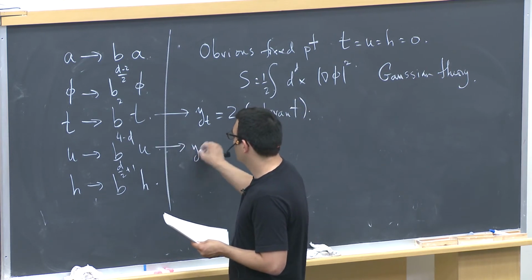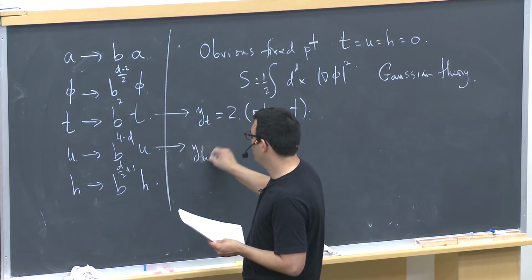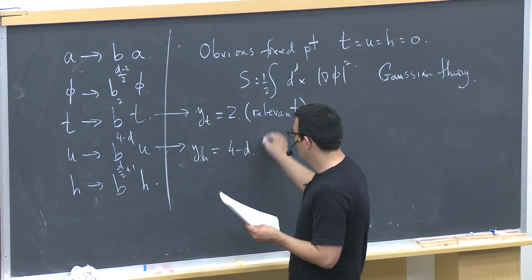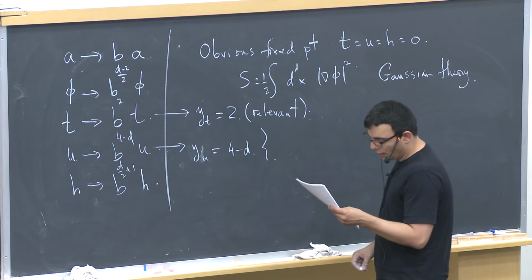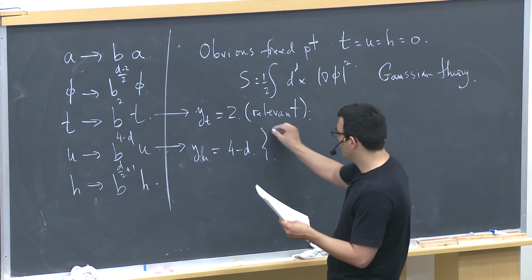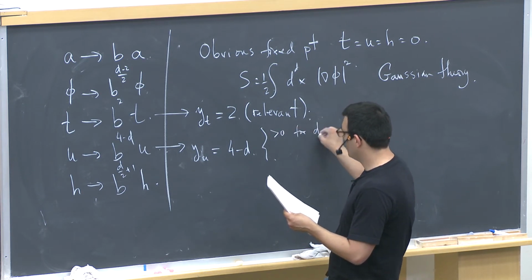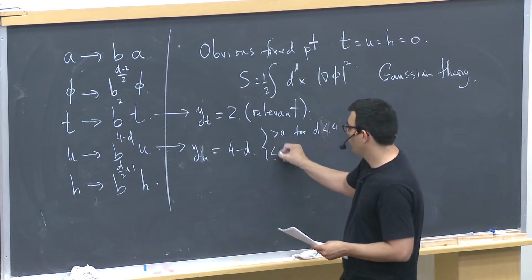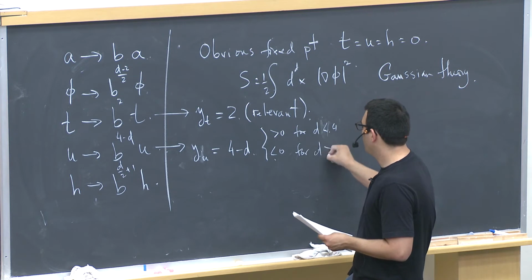From this scaling here, we get that y_u is equal to 4 minus d. So this is bigger than 0 for d smaller than 4, and smaller than 0 for d bigger than 4.